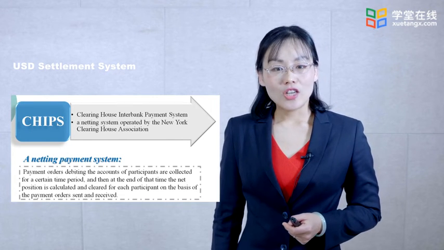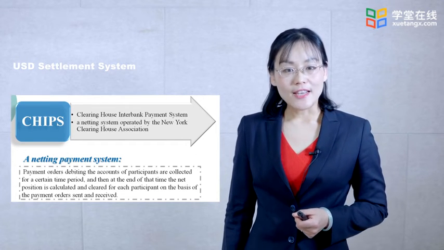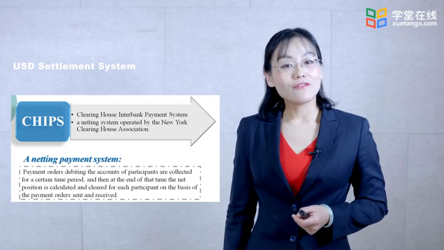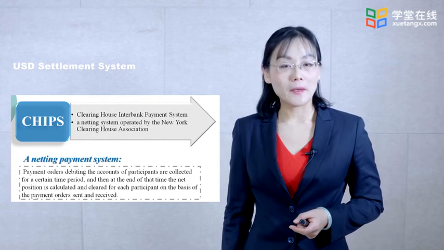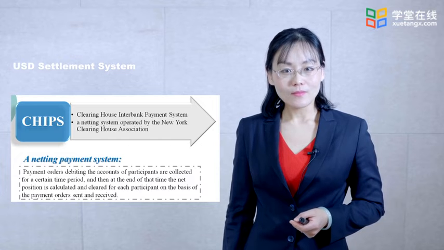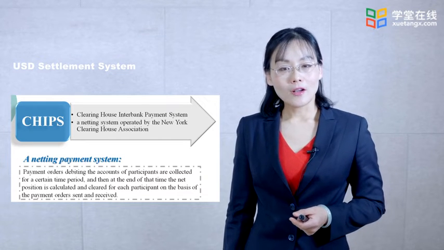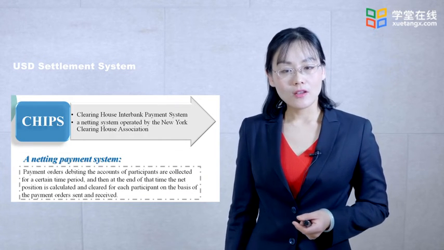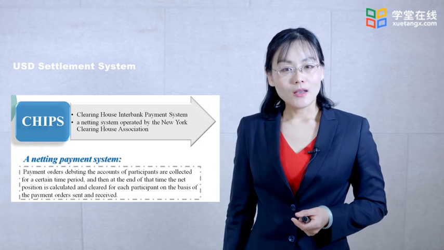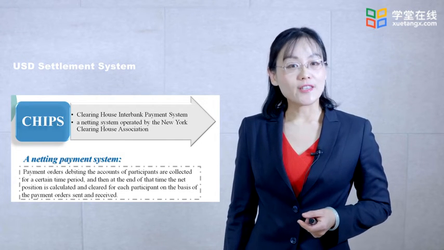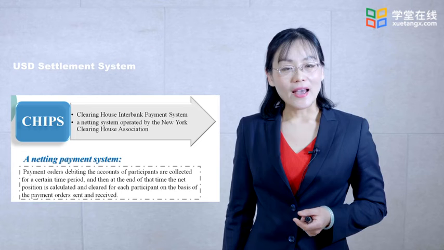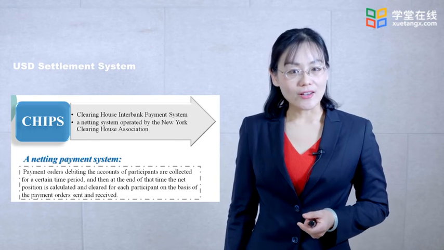Now, CHIPS processes over 95% of US dollar cross-border payments. Therefore, compared to Fedwire, CHIPS plays a more important role in processing international US dollar transactions.